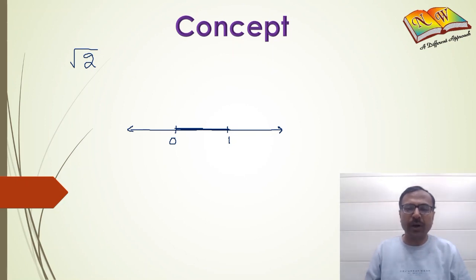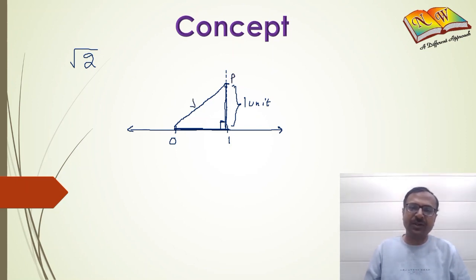Now we draw a perpendicular line on 1 like this, and we take this part as 1 unit again. If this part is 1 unit and it is perpendicular to the original 1 unit which we have taken on the number line, then the hypotenuse of this triangle, that is this line OP, gives the length of square root of 2.